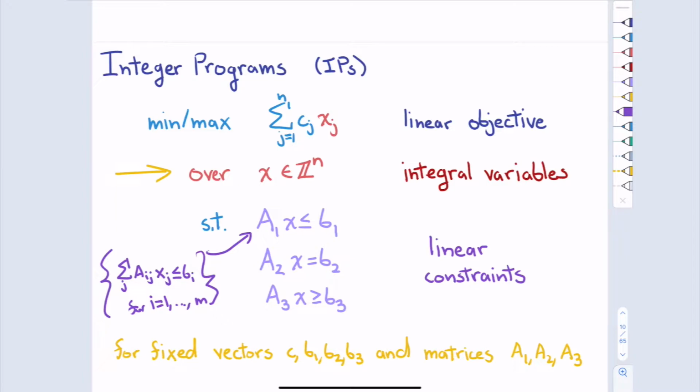So one kind of constraint says you can only take so much of x, because if the sum of the ai's is too big, that's bad. But we can also have equality versions, and greater-than-or-equal versions.